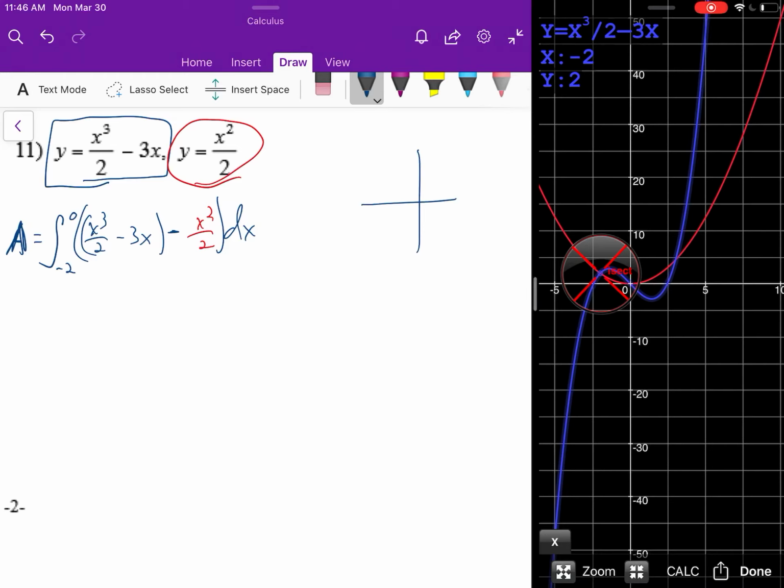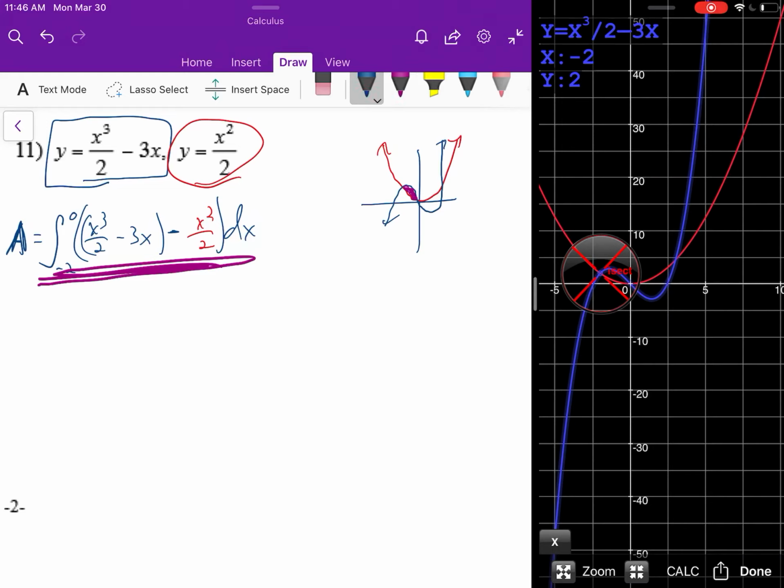Here's our parabola. Here's the cubic function. So this integral right here gives us this section in here. Blue was higher than red.